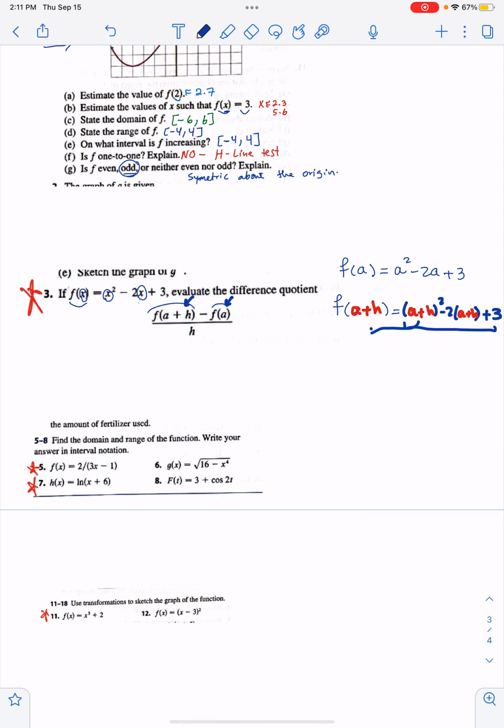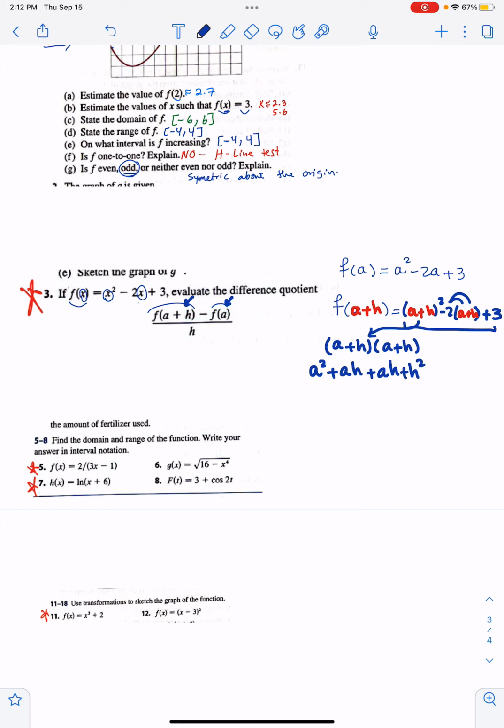a plus h squared is a plus h times a plus h. You need to distribute that, then distribute the 2, and then add 3. When you FOIL, a times a, a times h, h times a, and h times h. That would be a squared plus ah plus another ah plus h squared.